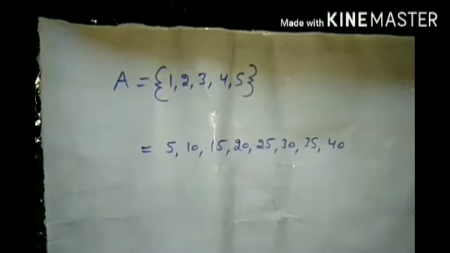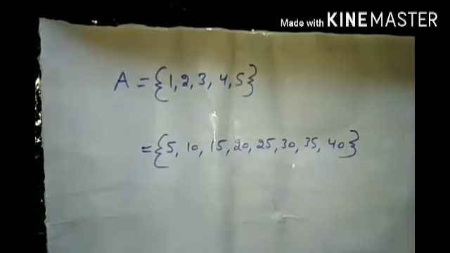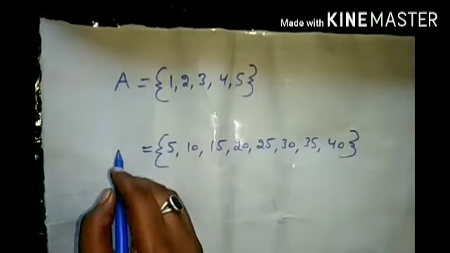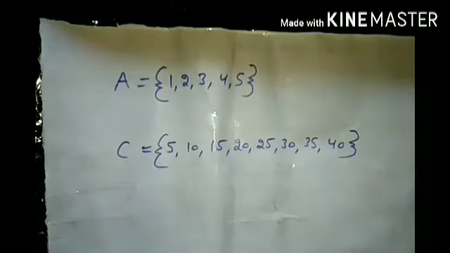This is the required collection as per the given direction. In order to represent this in the form of a set, I will mark the brackets and give it the name C.